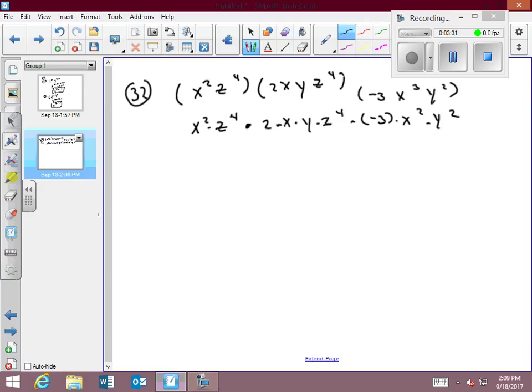Now, I'm going to get all the constants together. So it's 2 times minus 3. And then get all the x's: x squared, x understood to be the first, times x cubed. Okay, I better cross these off. The constants were these.